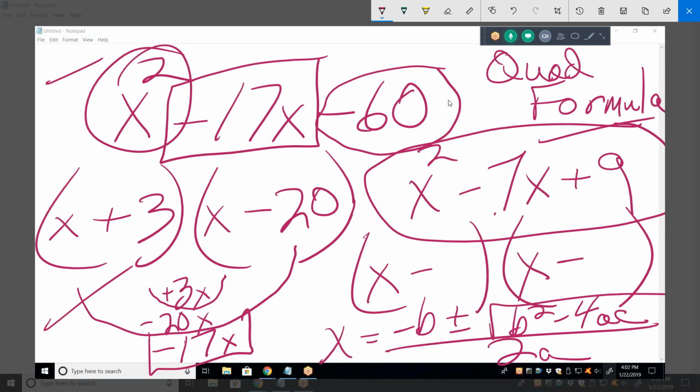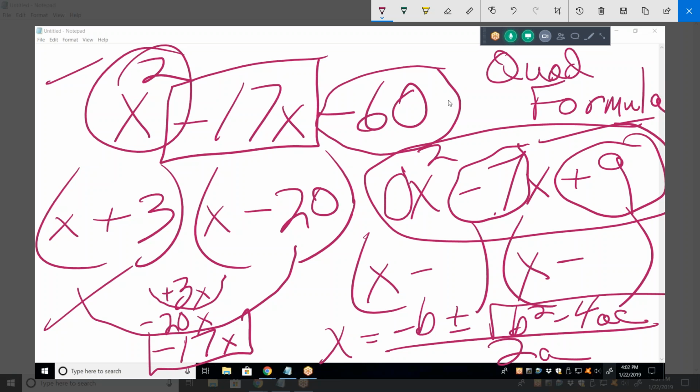You're going to have to know it when you take the SAT. You're going to have to know it when you take the ACT. And you're certainly going to have to know it for all your math classes. And it's one thing they don't give you frequently. They're going to expect you to memorize it. And in terms of what all this means, A is that coefficient, B is that coefficient, and C is that coefficient.